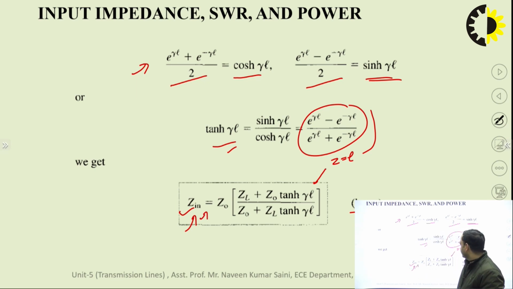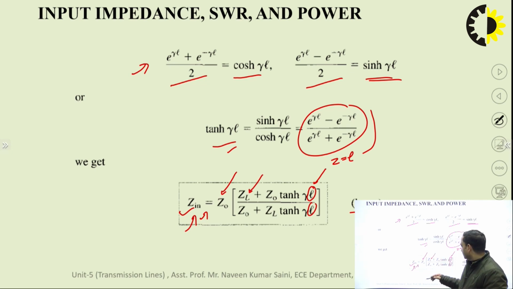So this Z in is defined based on the value of L. Gamma is the propagation constant, L is the length of the transmission line, Z naught is the characteristic impedance, and ZL is the load impedance here.